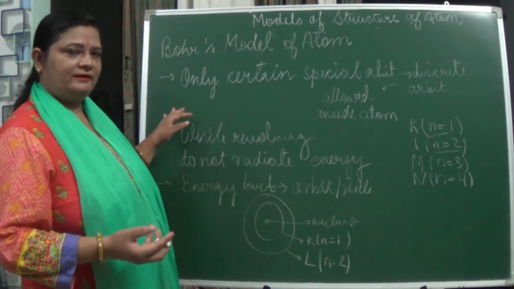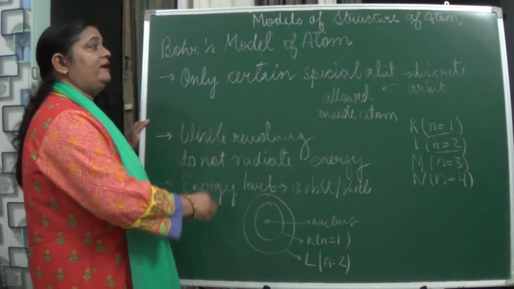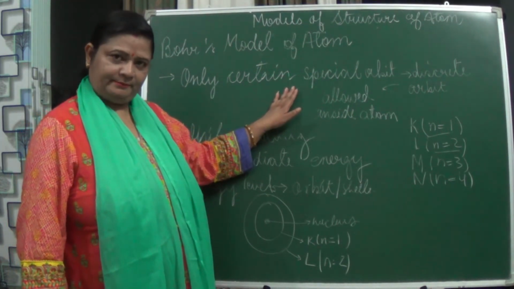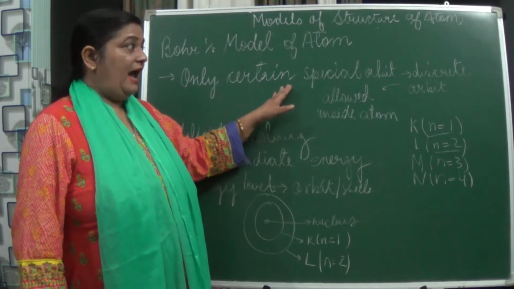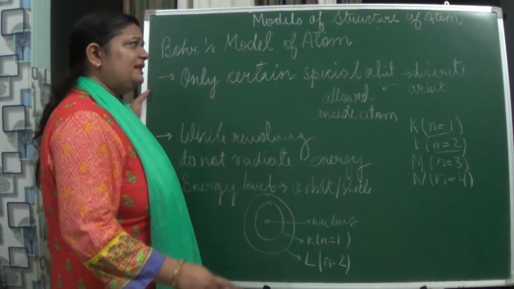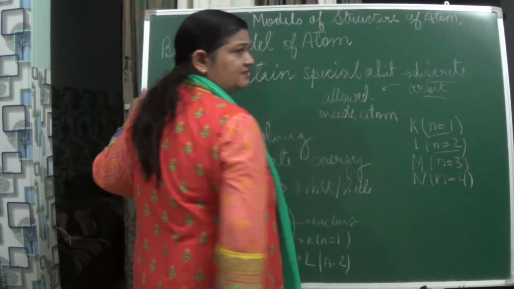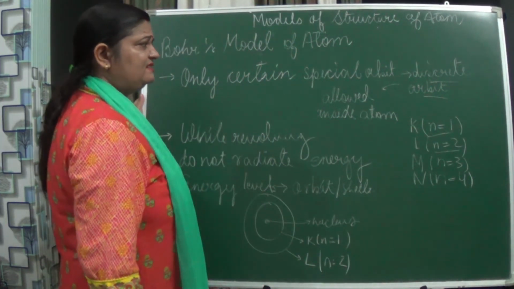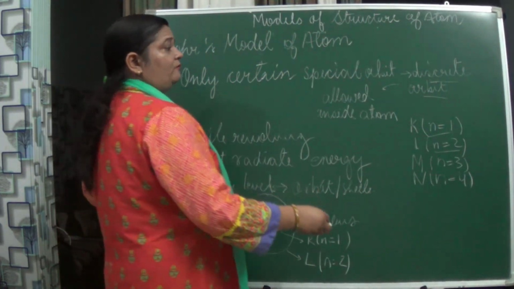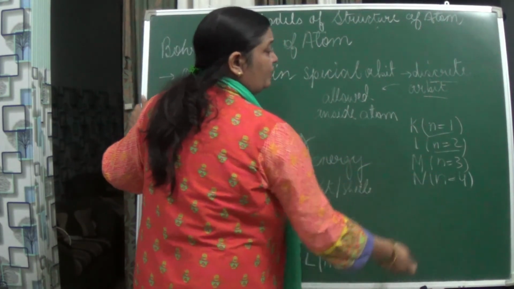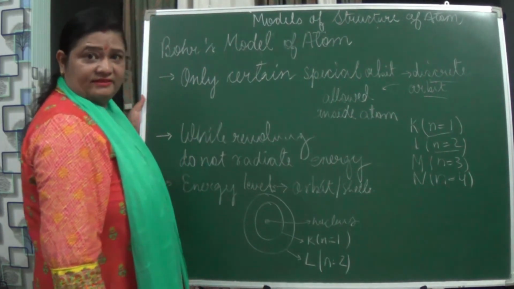Okay, how did he say it? He said that only certain special orbits are there. Okay, and he named those orbits discrete orbits. So what does this discrete mean? It means it consists of different orbits with different energy levels.